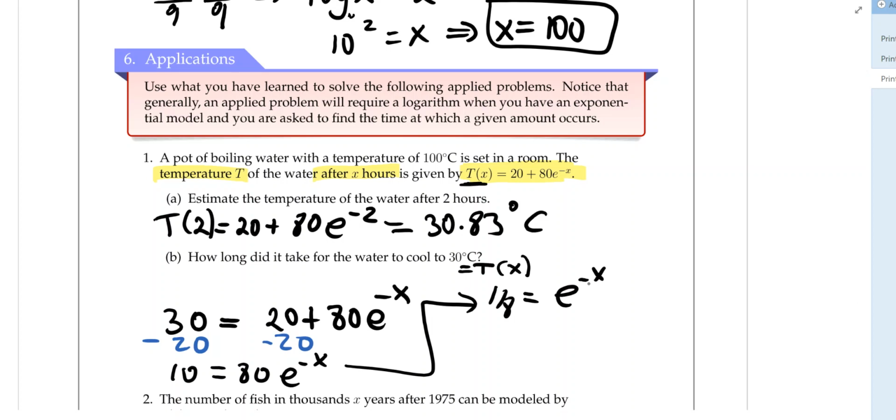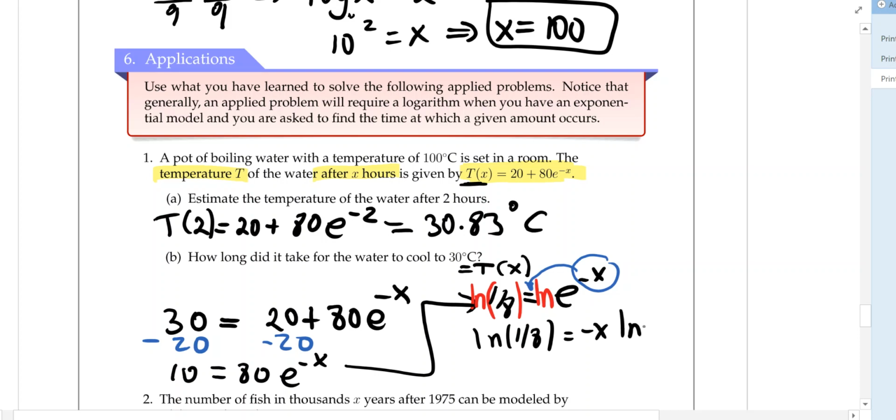We can apply ln, natural log, because the base is e. So I'm going to apply ln to both sides, because this is going to allow the exponent to come right in front of the ln. So we will have ln of 1/8 equals negative x times ln of e, but ln of e is 1.